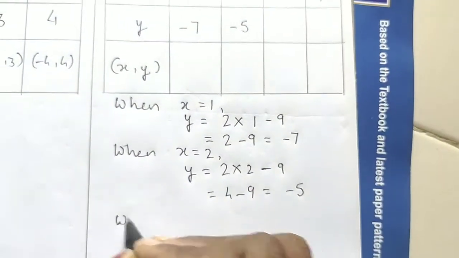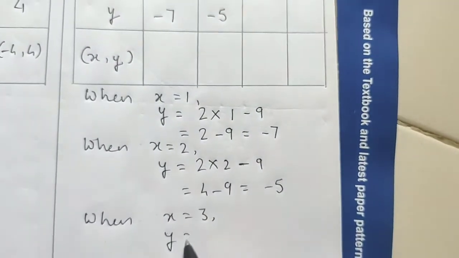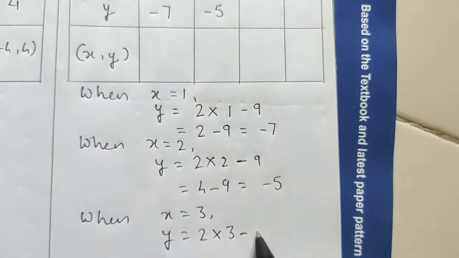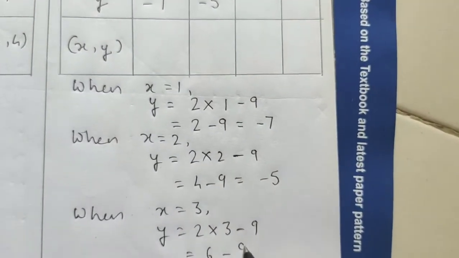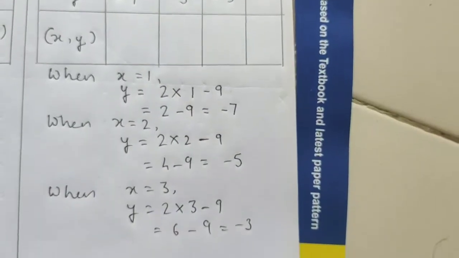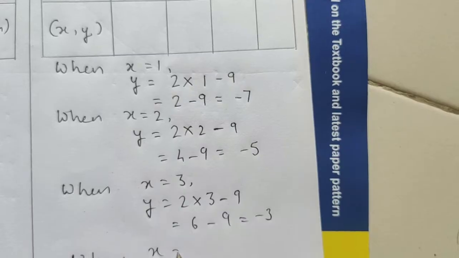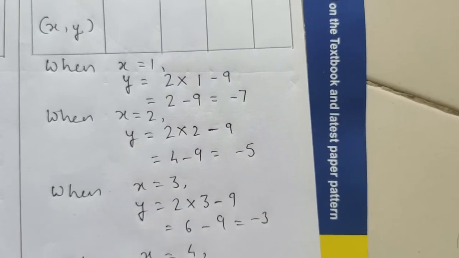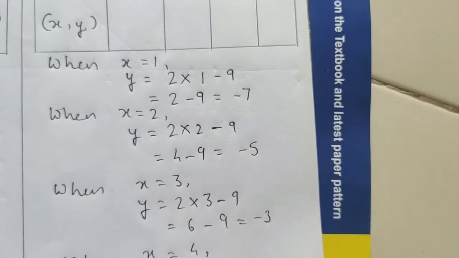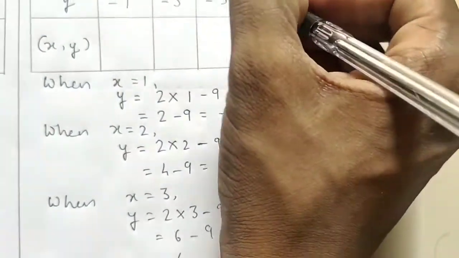When x is equal to 3, y is equal to 2 into 3 minus 9, and 6 minus 9 gives you minus 3. Similarly for x is equal to 4, we get 2 into 4 minus 9, that is 8 minus 9, and 8 minus 9 gives you minus 1.